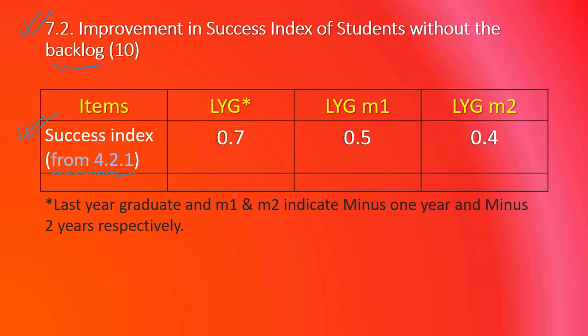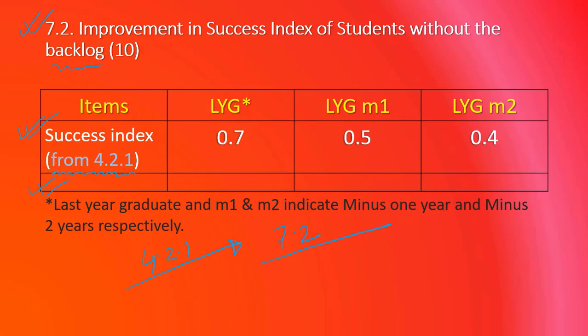All calculations are done in that criterion, and based on those data, the improvement strategy has to be stated by the department, and those documents will be verified by the visiting teams. So if the exercise is properly done under section 4.2.1, then filling up of the sub-criterion 7.2 is quite easy.